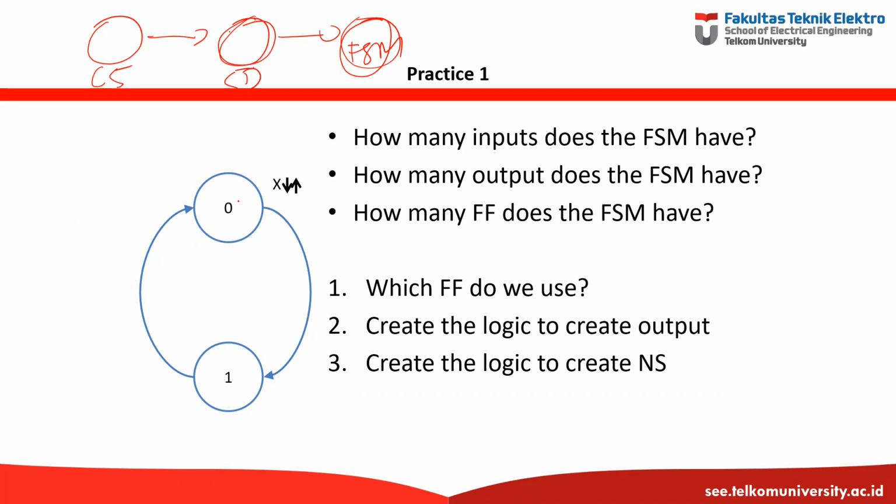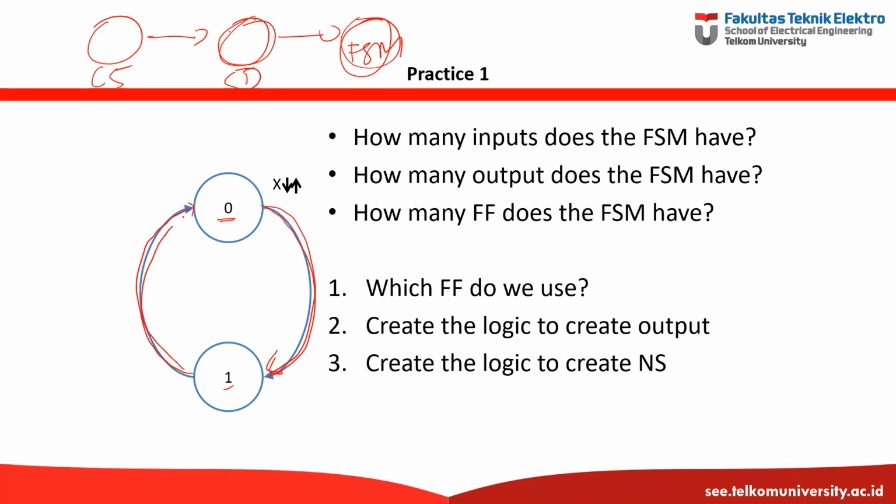So for example, right now the present state is 0, and then clock, then it will move to 1. So the present state is now 1. Now clock again, then it will move back to 0. Clock again, move to 1.